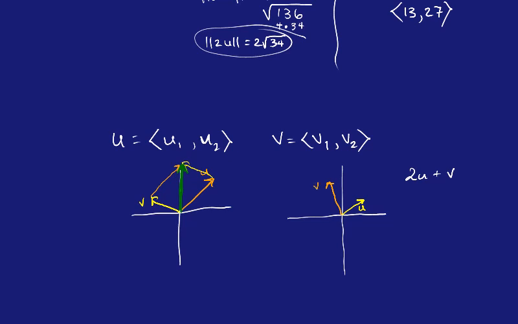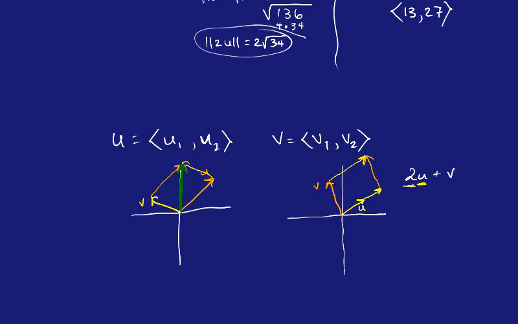That's v. Okay? And so if you have to do 2u plus v, then remember, what does 2 do to this vector u? Well, it's going to double its length. So now you're actually going to have two of them. And that's what I'm going to put at the end of v, is double the length. And then at the end of 2u, excuse me, I'm going to put the vector v.